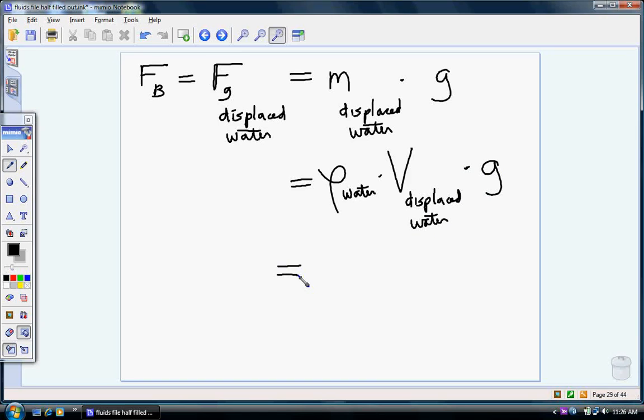But here's the big clincher. What is this volume of the displaced water equal to?